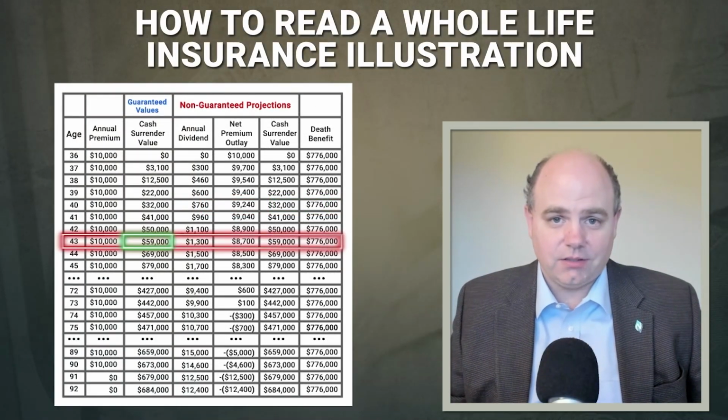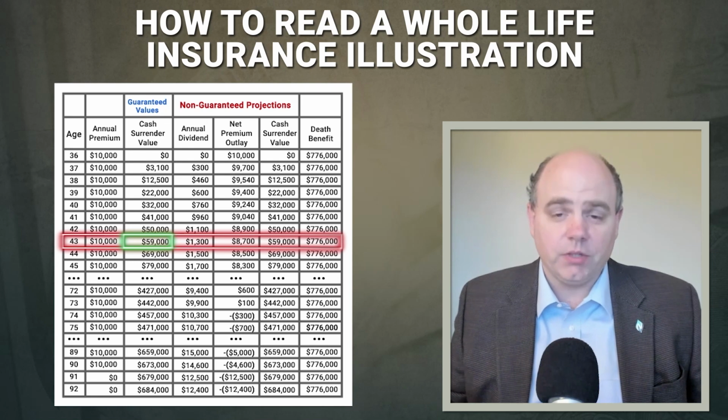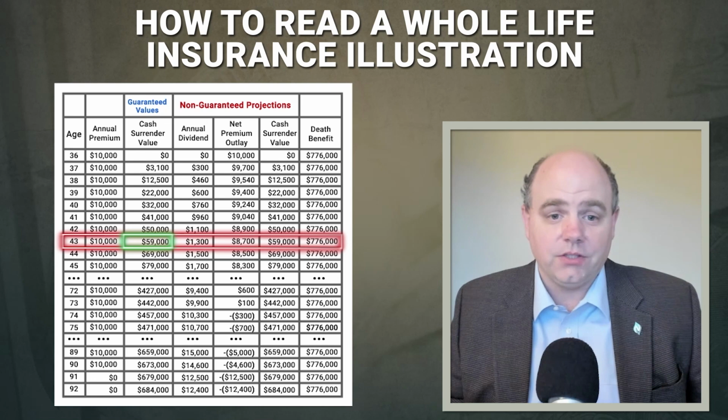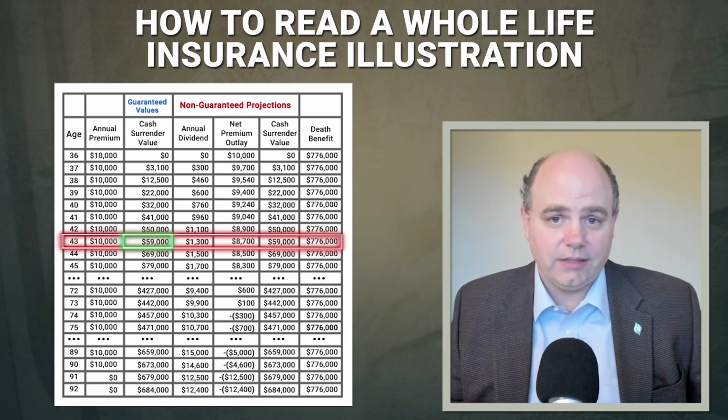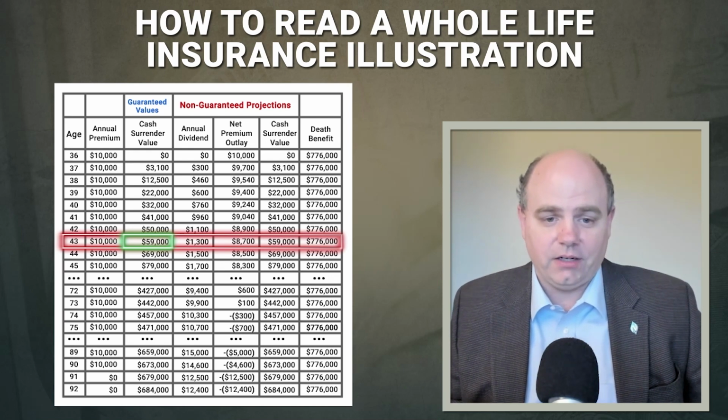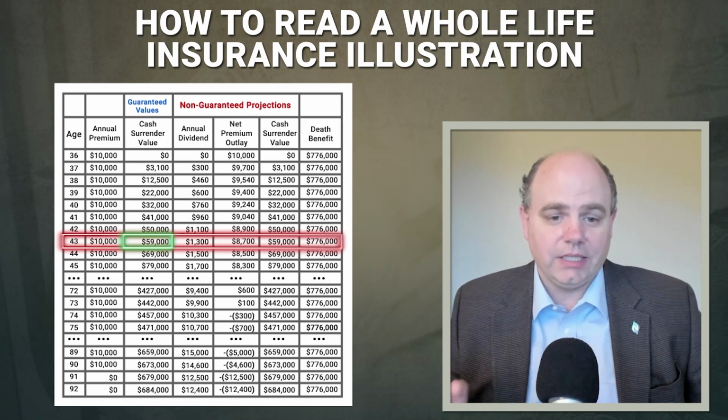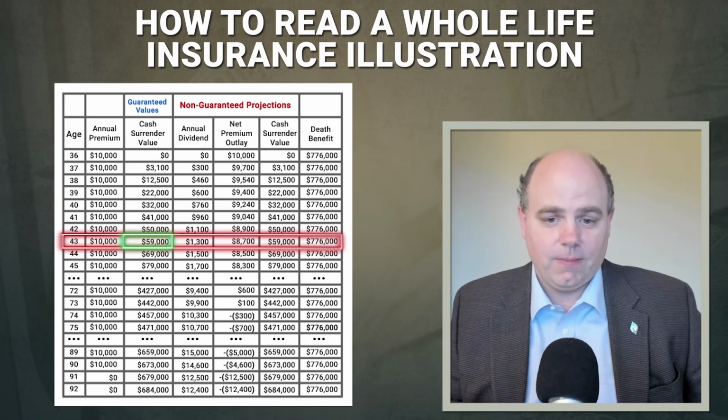So what that means is, contractually, if you were to take out the life insurance policy to which this illustration corresponds, that they're guaranteeing it to you. So they're not just saying, we hope this is the case. They're guaranteeing that if you take out this policy the way it's structured here and described, so long as you make those annual $10,000 premium payments, if you get to be age 43 after you've made that $10,000 payment for that year, we guarantee that if you walk away from this policy, we will give you at least $59,000.